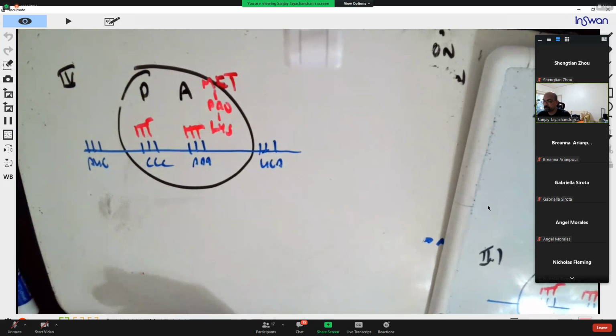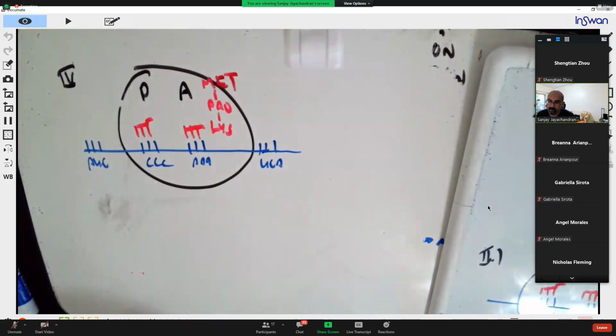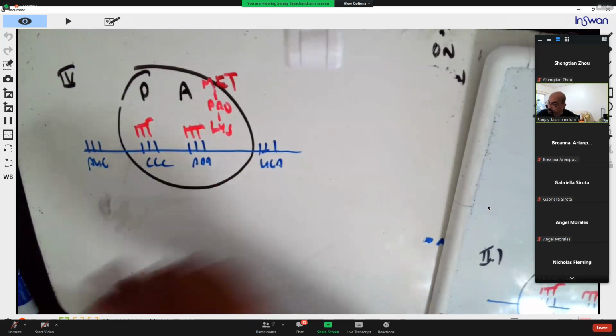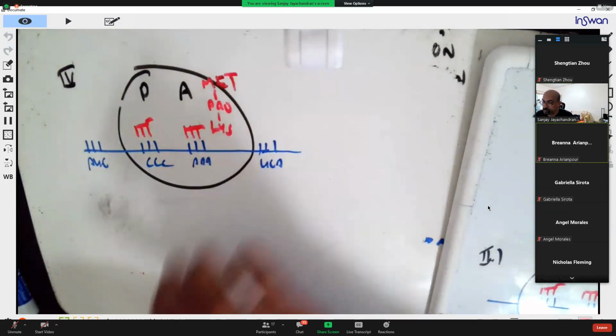Okay. Notice what's happened here. I got 3 amino acids now bonded to each other. What's going to be the next step? By the way, what am I making here when I'm bonding amino acids together? Proteins. My protein.